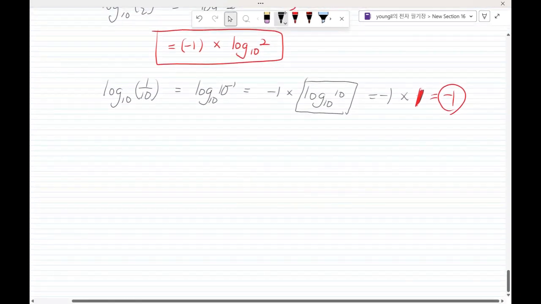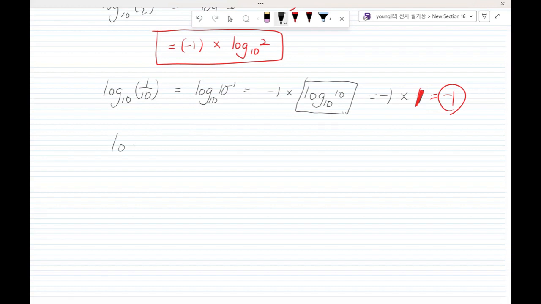All right. So the next property is like this one: log base 10 of A times B. What is it?